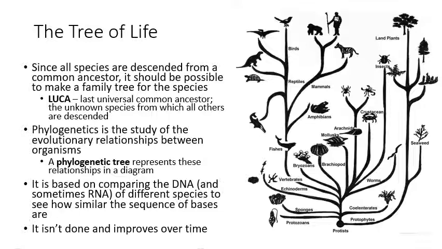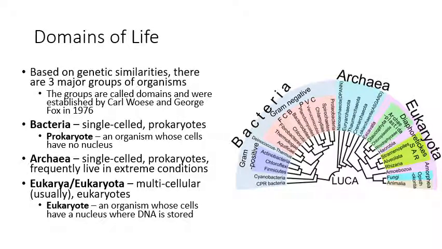So of course, as I had mentioned, the tree of life is not done, but we are always working on it and adding to it, and it does get better and better as time passes. So far in our tree of life, we've identified three different domains of life. So there's three really major groupings of species that are all sharing some similarity to each other.